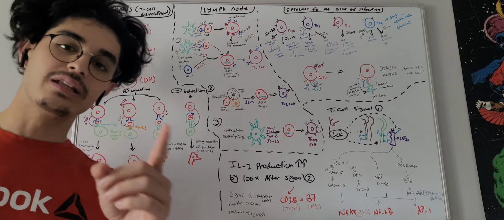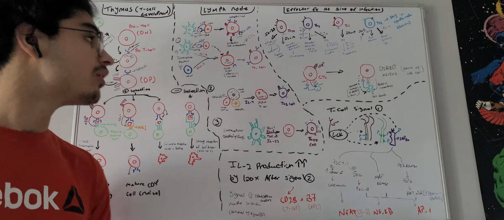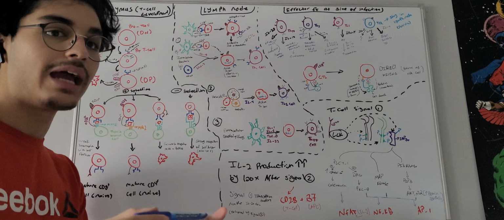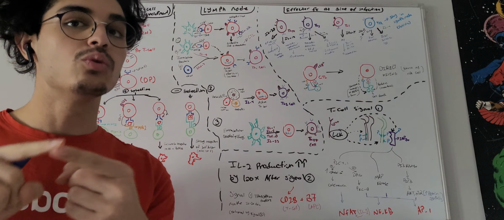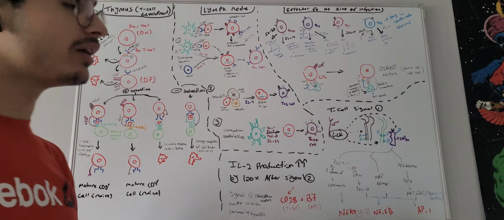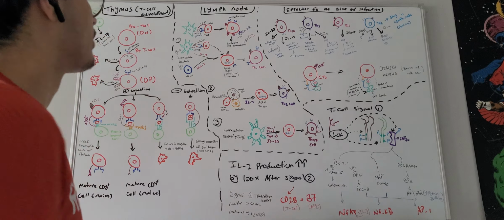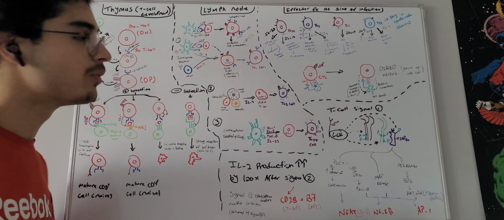Because normally the naive T cell has an interleukin 2 beta gamma receptor, but as soon as it gets activated by this signal 1 and signal 2, it'll start making an alpha chain, and it'll make an alpha beta gamma receptor. Now, at the same time, it is secreting interleukin 2.